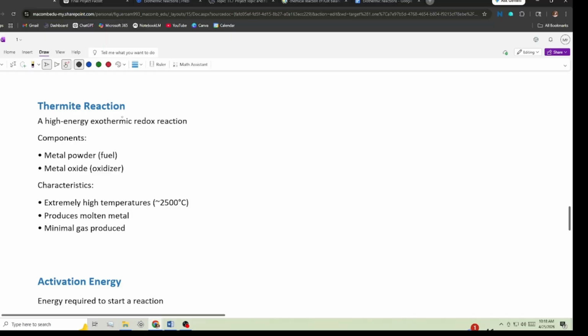Now we're going to be looking at our other example of a redox reaction, which is thermite. Thermite is a very high energy exothermic redox reaction. It involves two components: your metal powder, which is your fuel, like a pure powder, and your metal oxide, which, like we just did, could be rust.